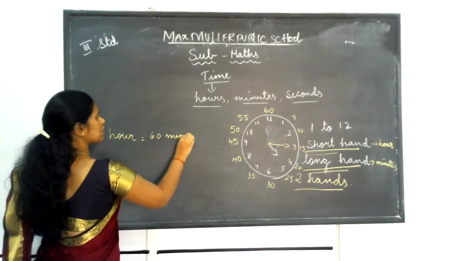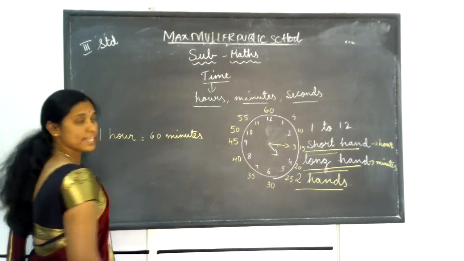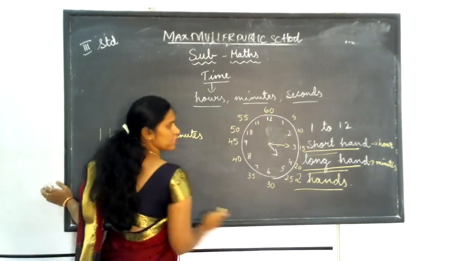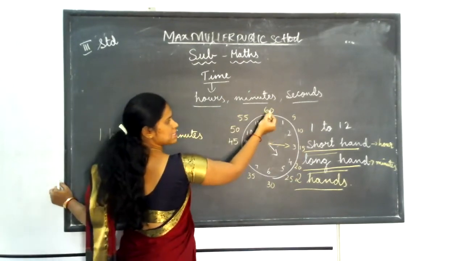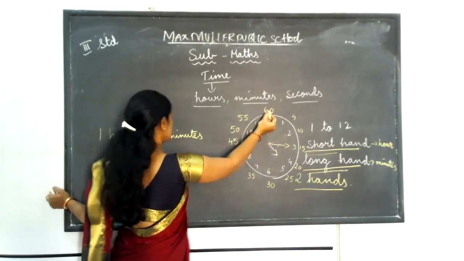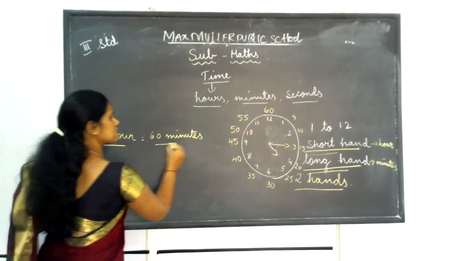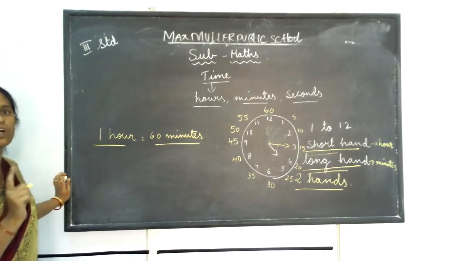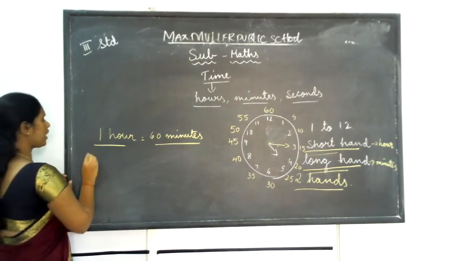You can see here, 12 means 60. 1 hour is equal to 60 minutes.